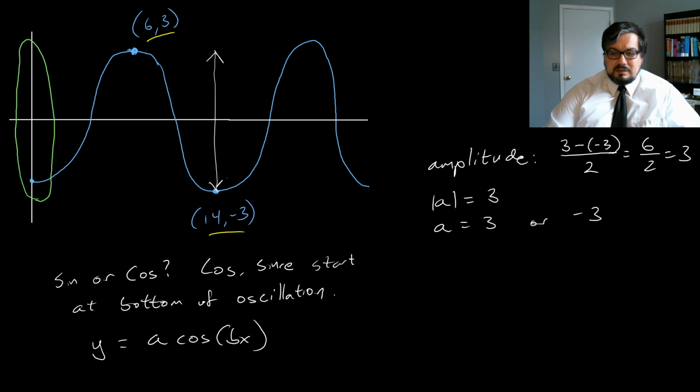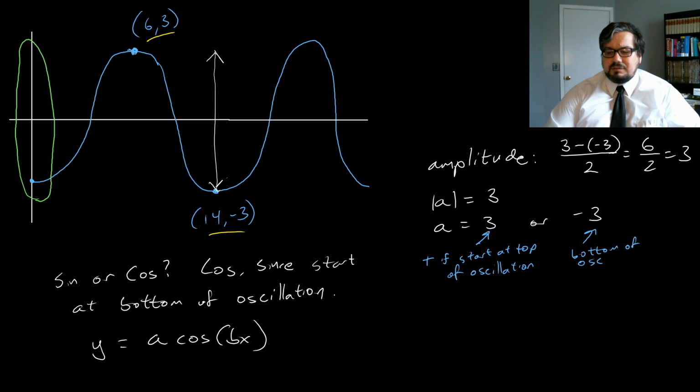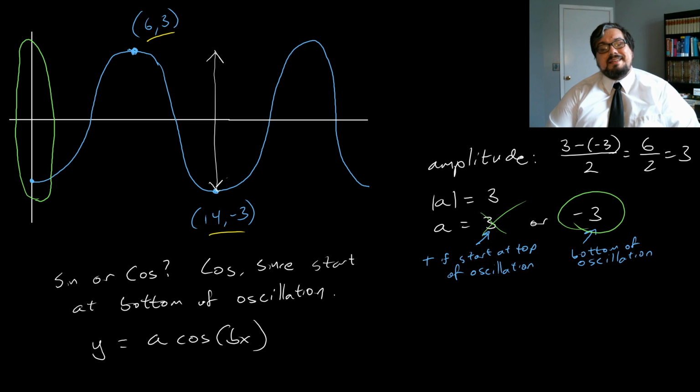So 3, the positive value, will happen if we start at the top of the oscillation, and -3 will happen if we start at the bottom of oscillation. In this problem, we've started at the bottom of the oscillation, so we're going to use the -3. So a is going to be -3 for us.